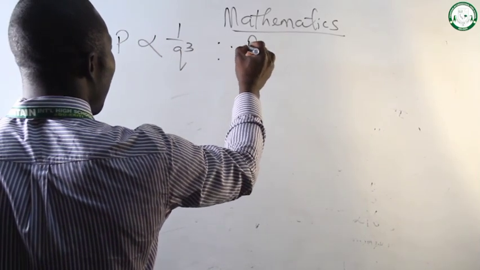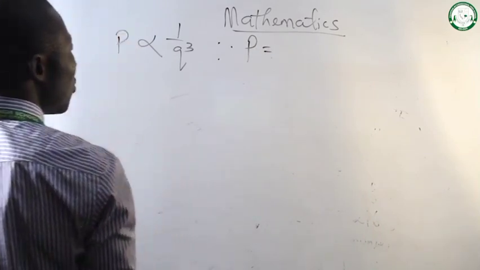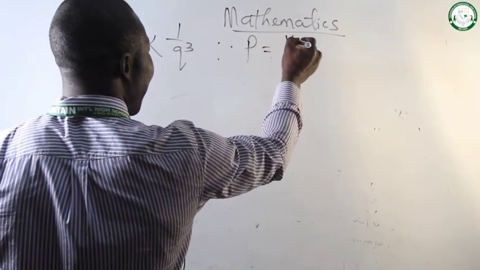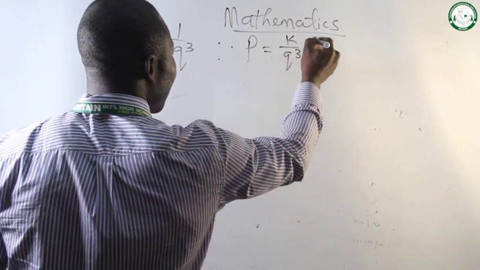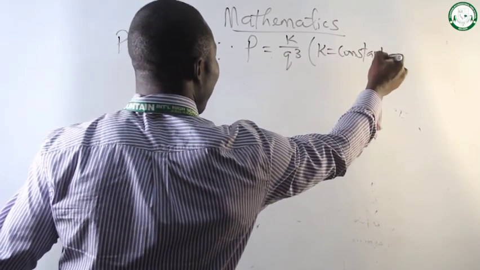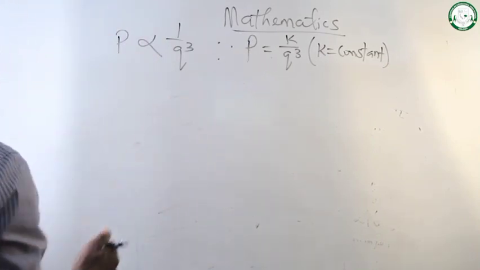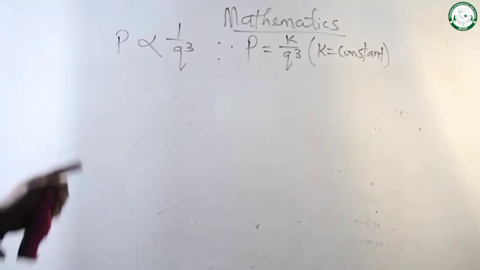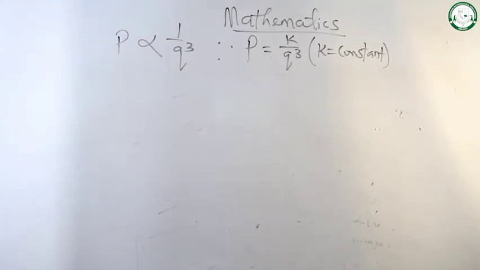Therefore, P equals, we introduce our constant K over Q raised to power 3, where K equals constant. Don't forget. And this one will be the equation we are going to substitute the value of K into after we must have solved the problem.